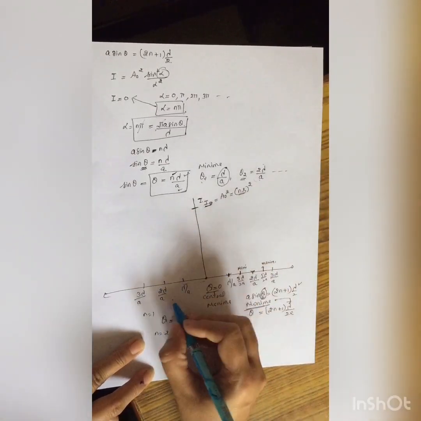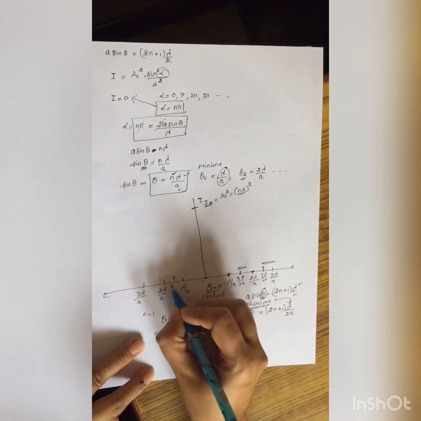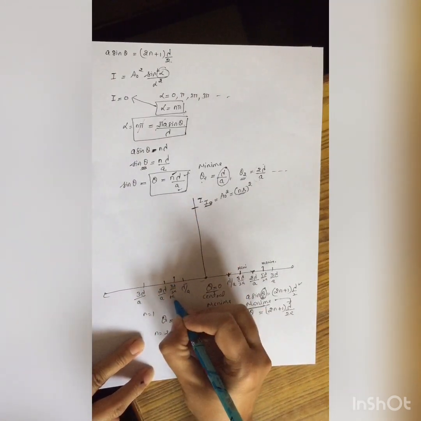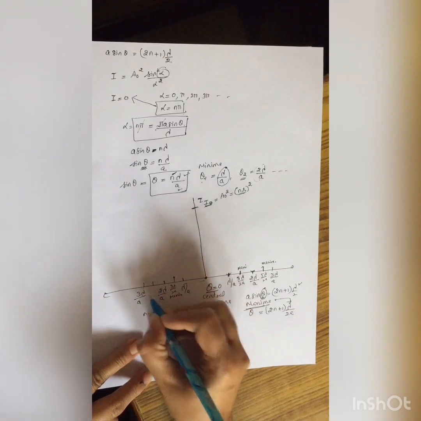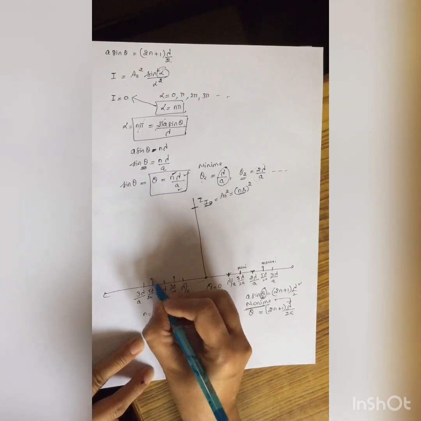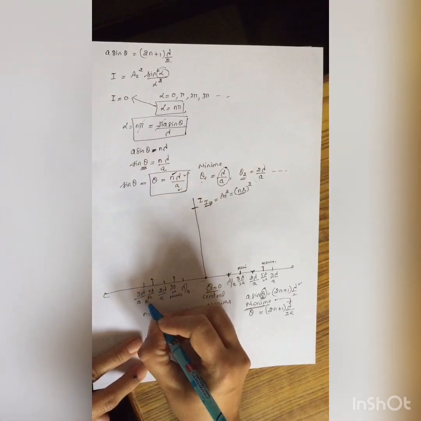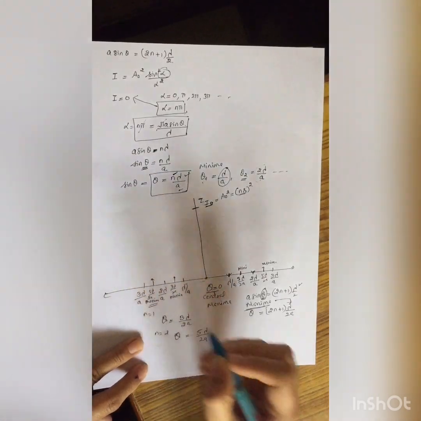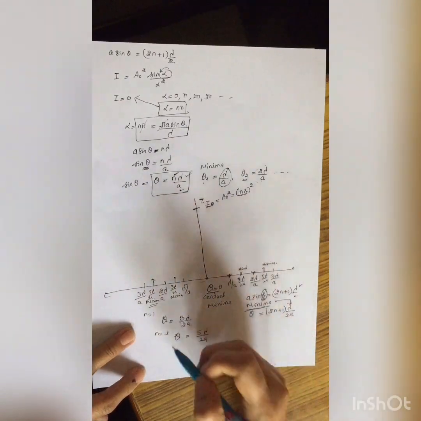Similarly, on the other side, at 3 lambda upon 2a we get our maxima, and at 5 lambda upon 2a we get another maxima. These are the points of maxima and minima alternately.